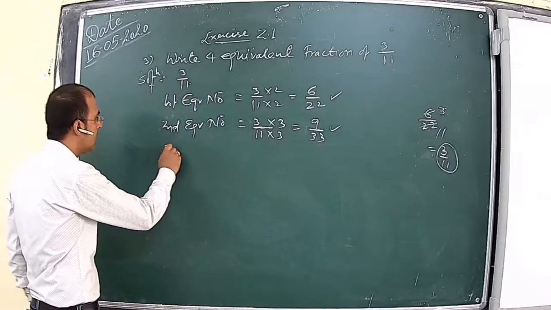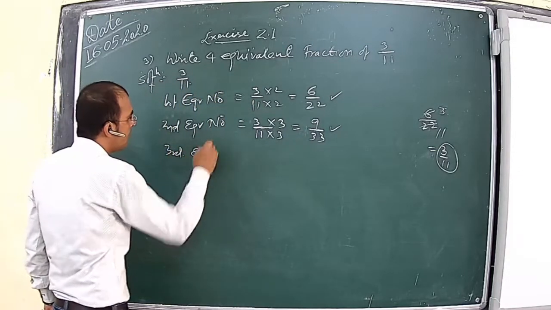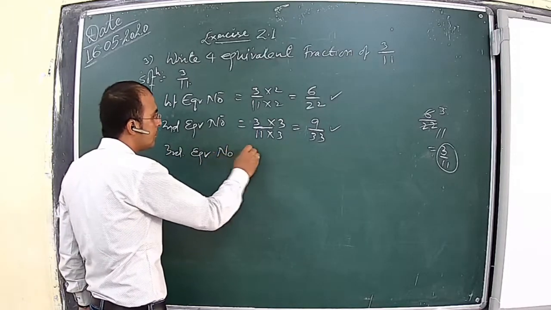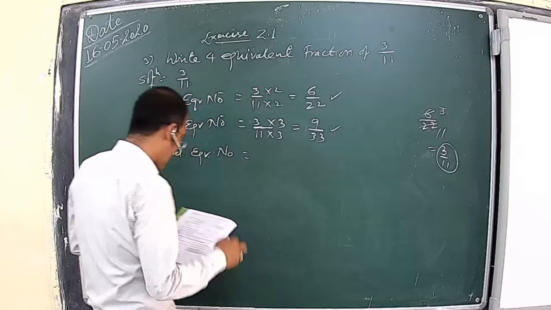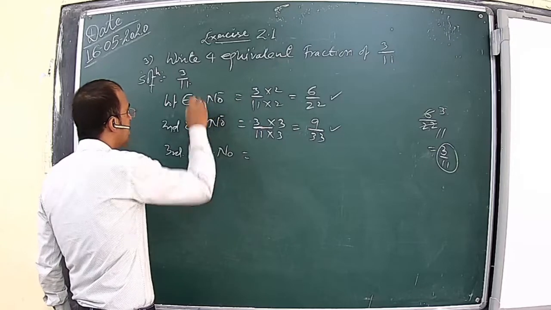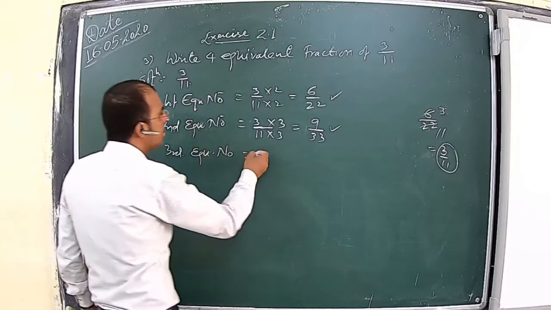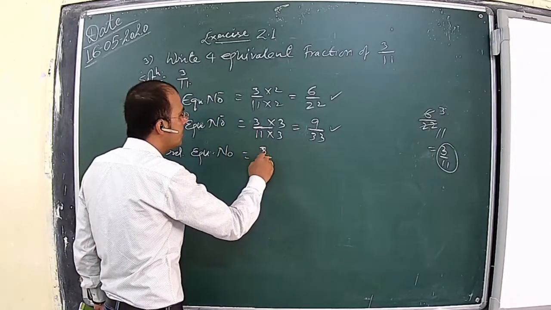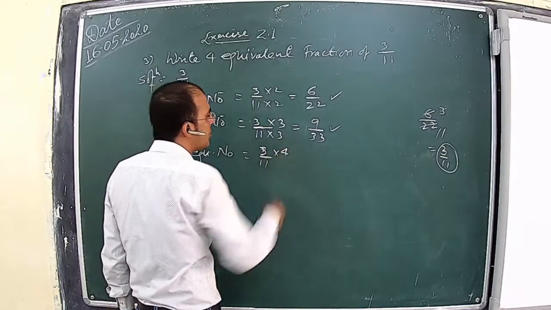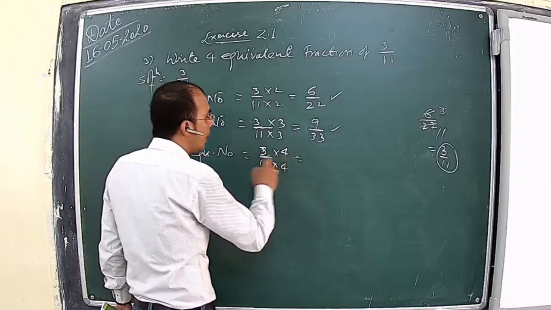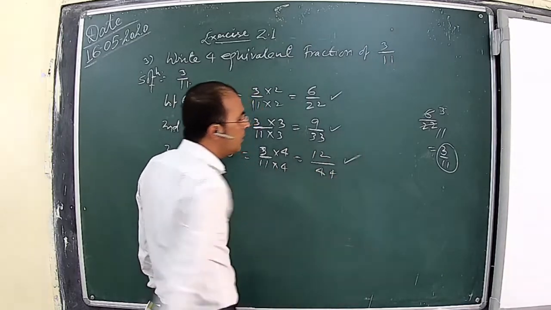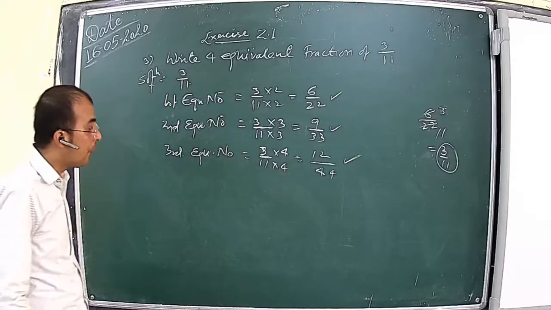Now third equivalent number equal to 3 by 11 multiplied with a number. Suppose this is 4, so we can multiply, and 3 times 4 is 12 and 11 times 4 is 44. It means this is the third equivalent fraction.